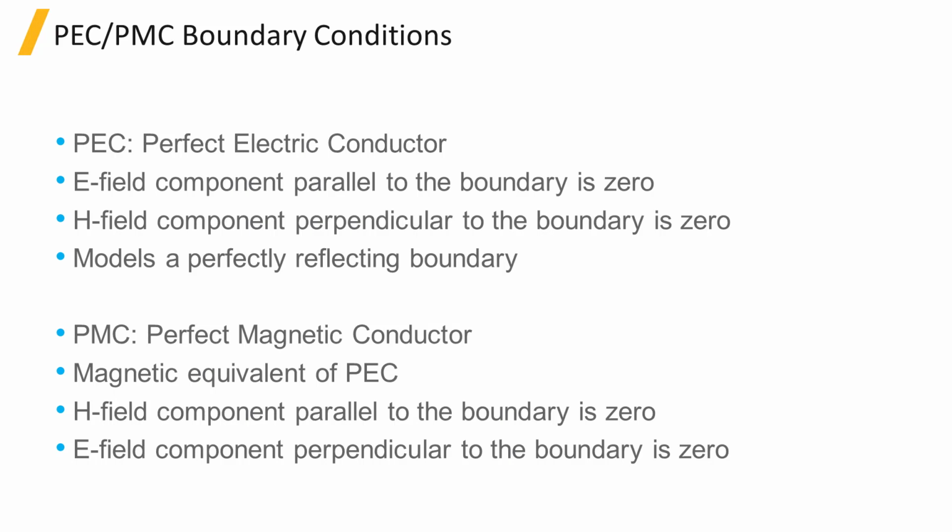The component of the magnetic field perpendicular to the boundary is also 0. PEC boundaries are perfectly reflecting, allowing no energy to escape the simulation volume along that boundary. PMC boundary conditions are the magnetic equivalent of the PEC boundaries. The component of the magnetic field parallel to a PMC boundary is 0, and the component of the electric field perpendicular to a PMC boundary is also 0.